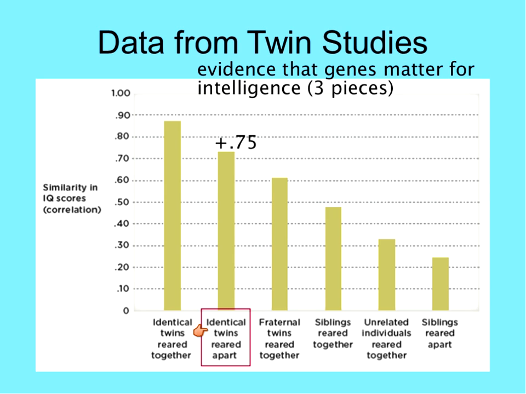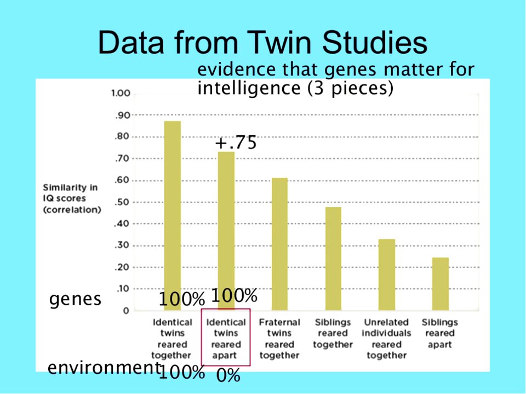Why does that suggest that genes matter for intelligence? Because they share 100% of their genes, and they share how much of their environment? They share 0% of their environment. So here I'm going to be talking about genes, and down here I'm going to be talking about environment. Look at each of these bars. Identical reared together, all of the genes, reared together, all of the environment.